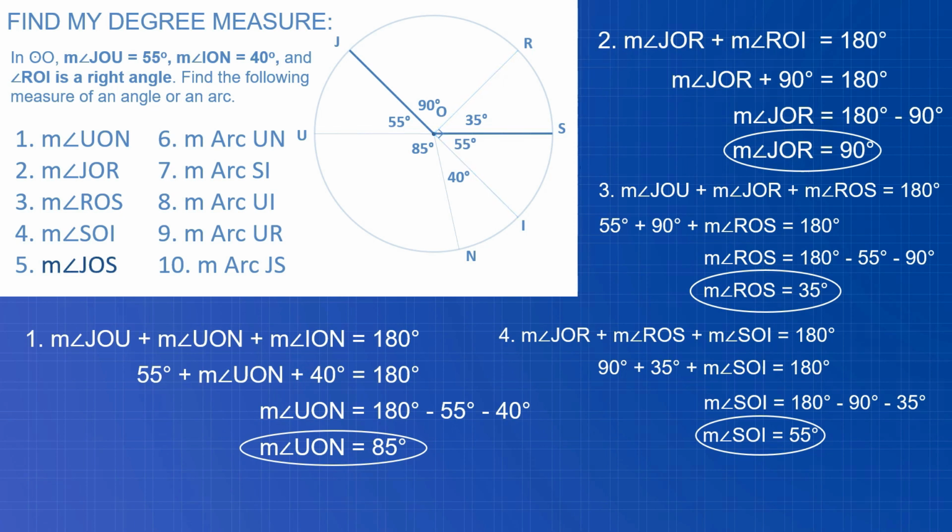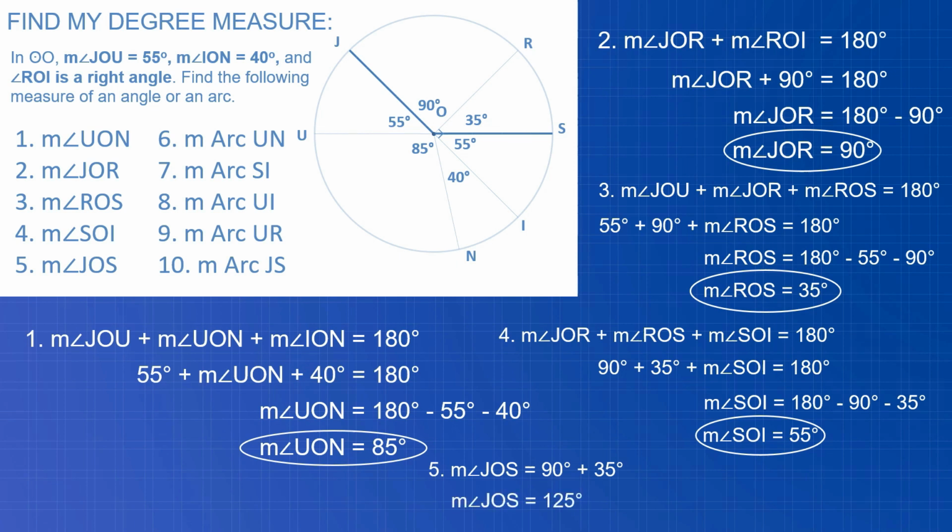Next, number 5, the measure of angle JOS. Since the measure of angle JOS is composed of the measure of angle JOR and the measure of angle ROS, therefore, the measure of angle JOS is equal to 90 degrees plus 35 degrees.